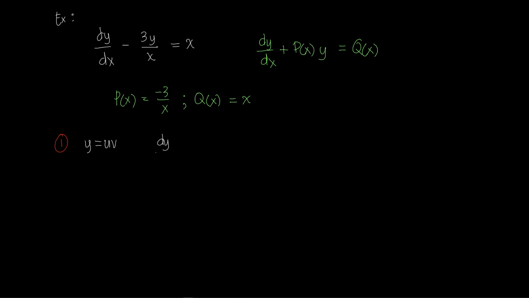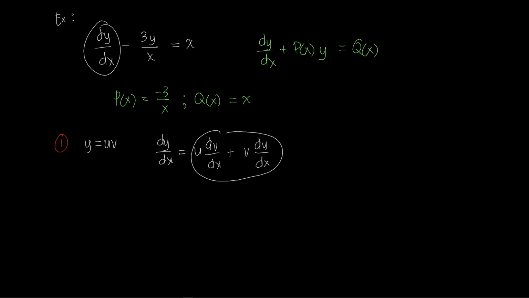We have dy over dx is equal to u dv over dx plus v du over dx. That's always the same. What we do is substitute this here. So it becomes u dv over dx plus v du over dx.